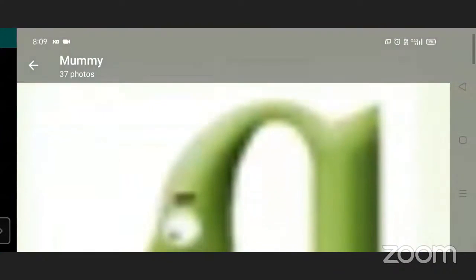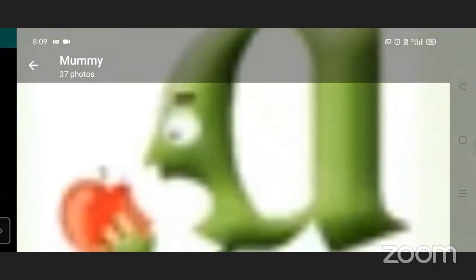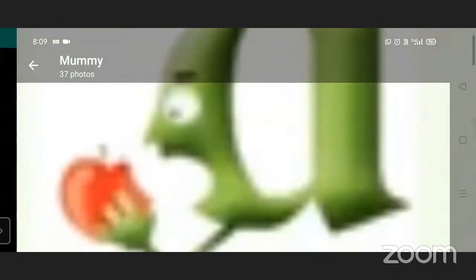So students, this is an alphabet song. And today we learn the English subject alphabet song, unit 6. Say, students, which alphabet is this? A. Yes.